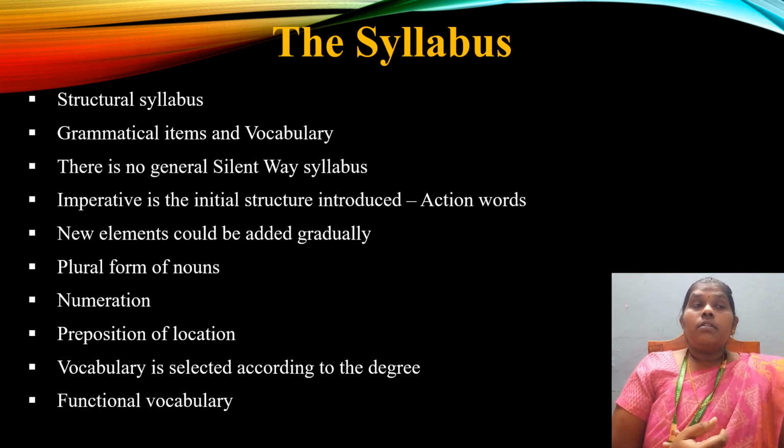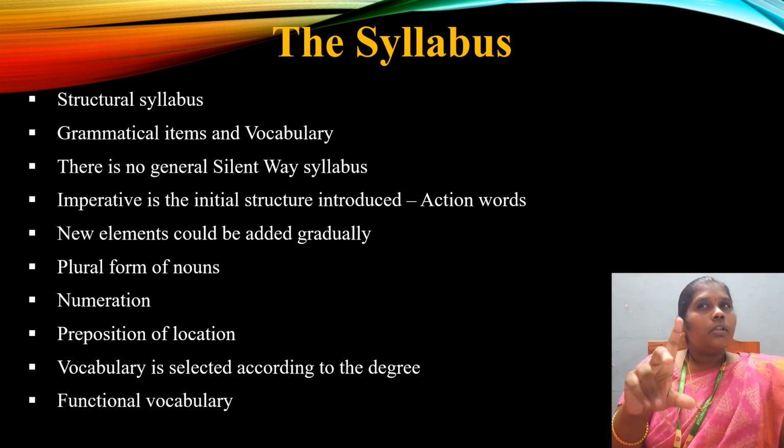Okay, and start with imperative structures, commands and requests, because Gattegno feels that it is somewhat easy for the learner to deal with, since these are action words and it will be easy for the learners to grasp. And if you want to add new elements to it, you could add them gradually.